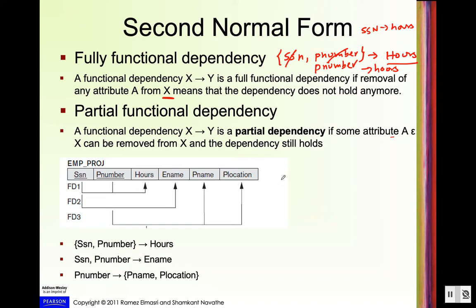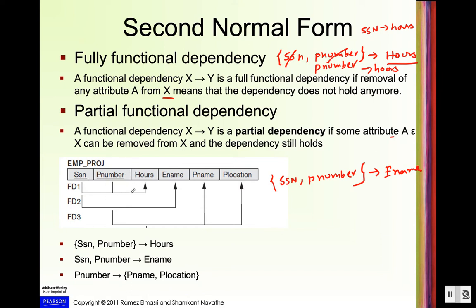For example, let's say we have a functional dependency SSN and P number to ename. Now this functional dependency is from this table. You can see that in this table SSN and P number is the primary key.